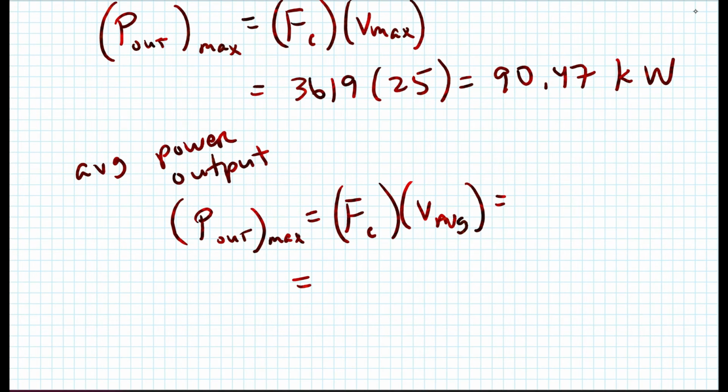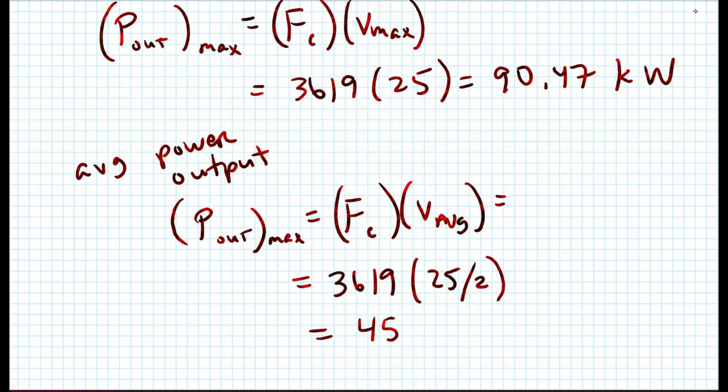Here we get 3,619 times 25 over 2, and that leads us to 45.28 kilowatts.